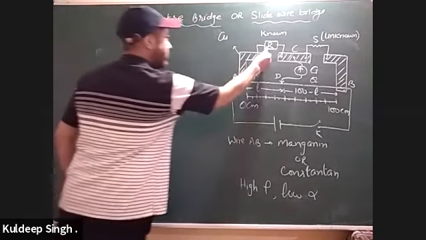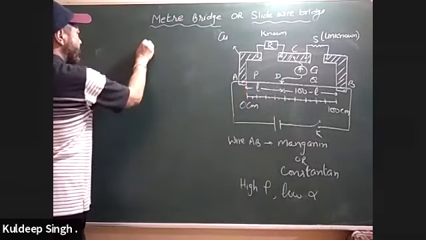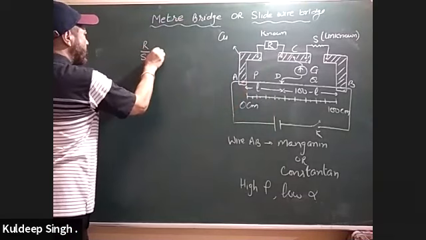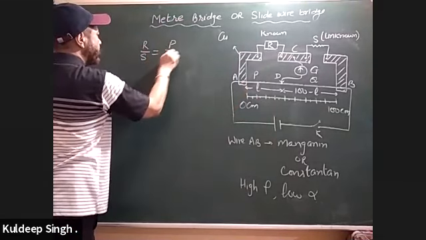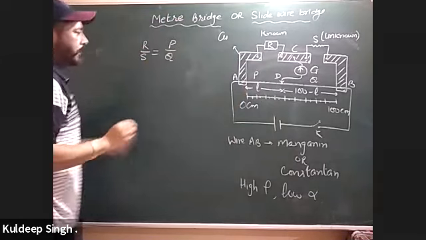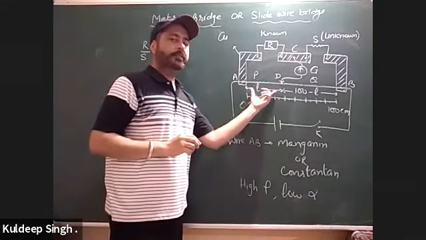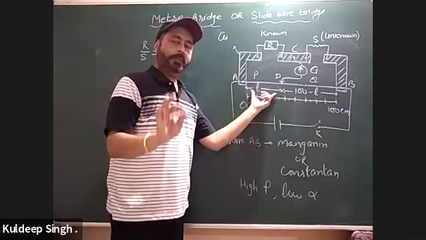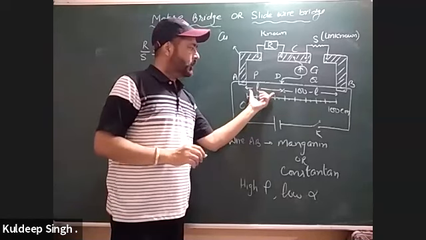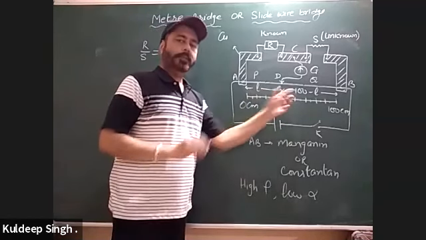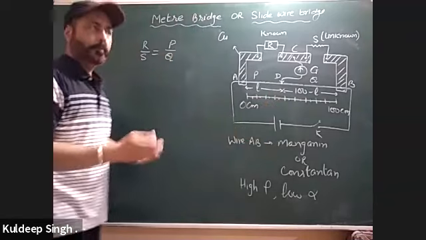Now when R by S is equal to P by Q, you might be thinking, what is the resistance of this wire? There is nothing to worry about the resistance, because we need only its length. Let me explain why we need only its length.